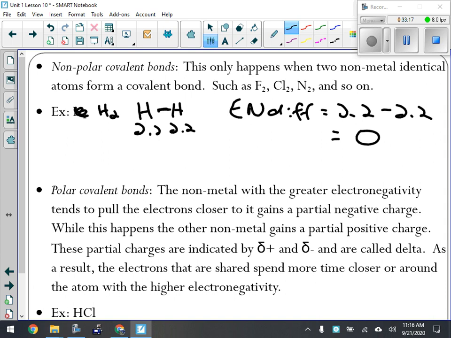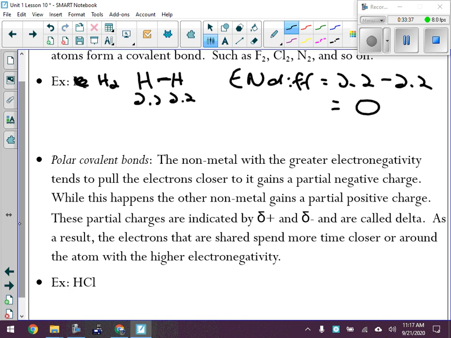Okay, so non-polar. In other words, there is no difference there, and we'd share these electrons equally, right? So that's what's going on with hydrogen in that case, or N2, O2, F2, Br2, I2. It doesn't really matter, because both those numbers are going to be the same, of course, and you're going to end up with 0.